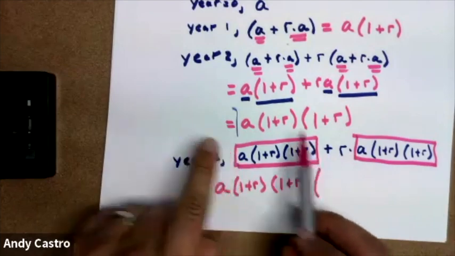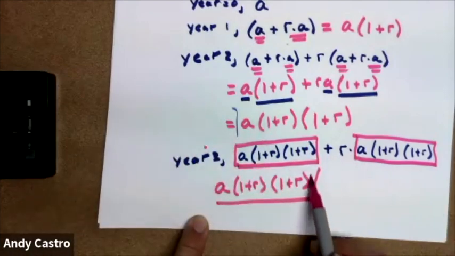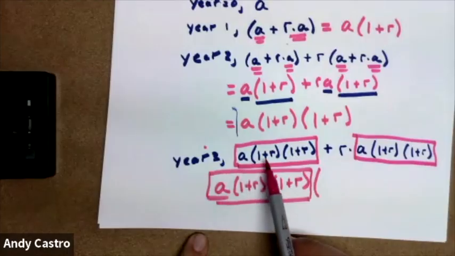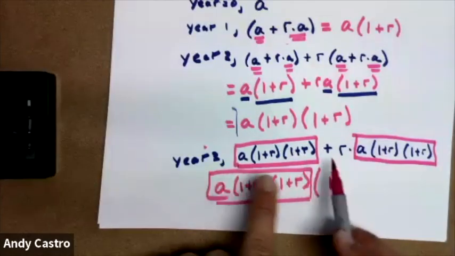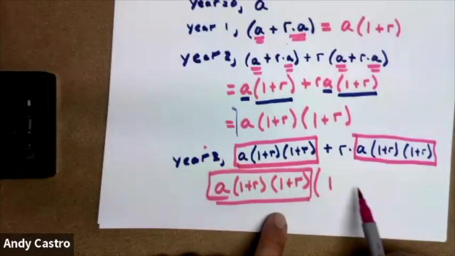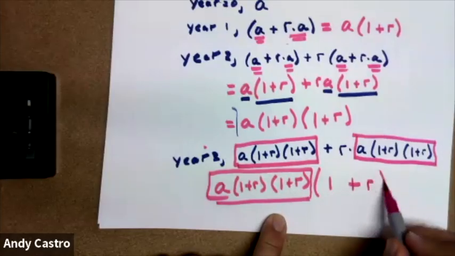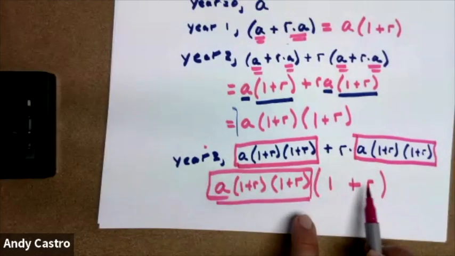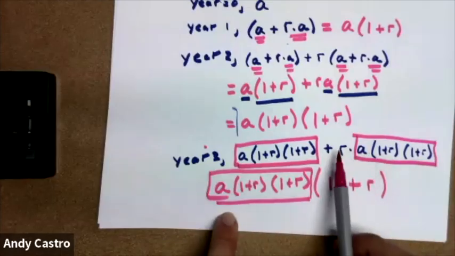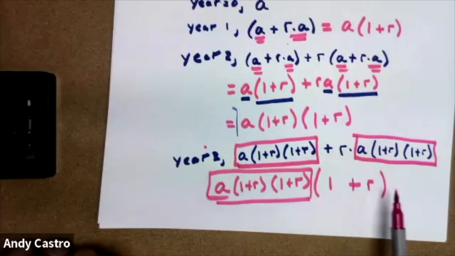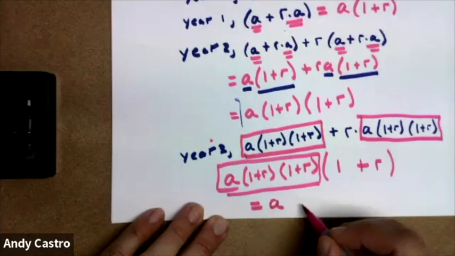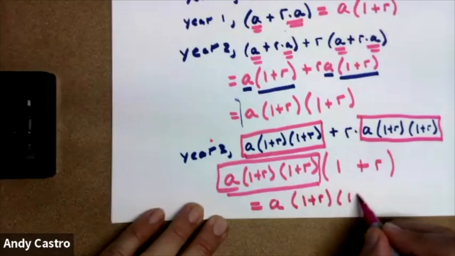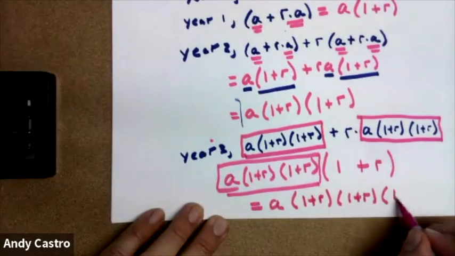What I'm left with, if I factor out A times 1 plus R times 1 plus R, is a 1, because this times 1 would give me that back, plus my R over here. This times R is what we have right here. But notice how that adds another 1 plus R. So at the end of year 3, my number is A times 1 plus R times 1 plus R times 1 plus R.